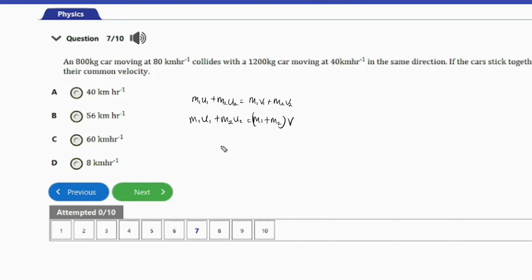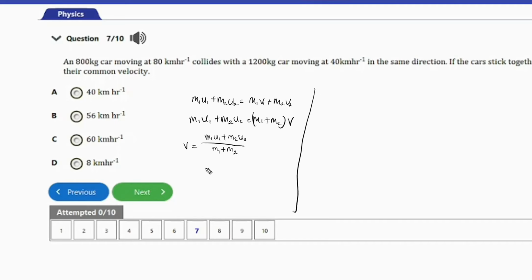So calculating for their common velocity will make v the subject of this equation, where v becomes m1u1 plus m2u2 over m1 plus m2.